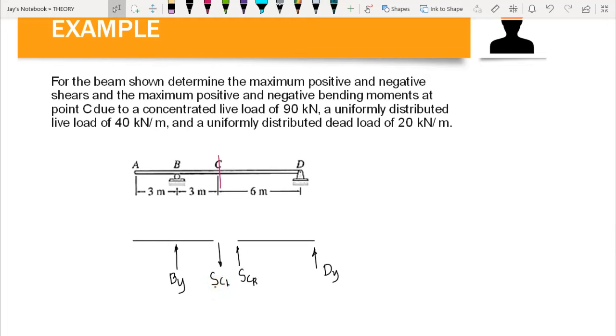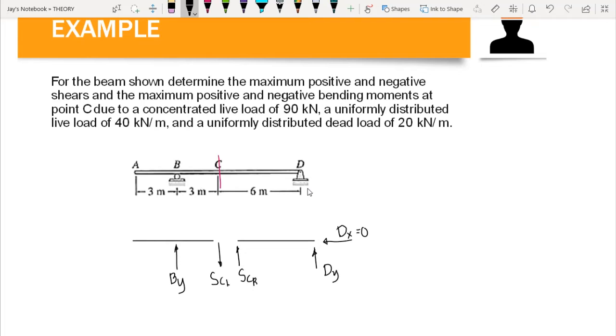Okay, and we have also a vertical reaction at B, so we have By, and a vertical reaction at D, which is Dy. We know that when we have a hinge support, we should have two reactions, so we also have Dx here. But since we are dealing here with vertical load, we may assume that Dx is equal to 0.